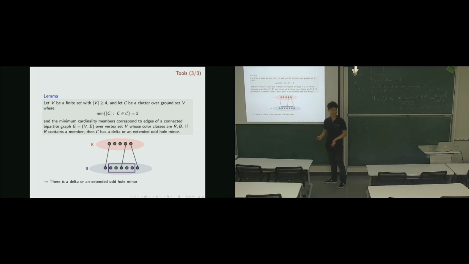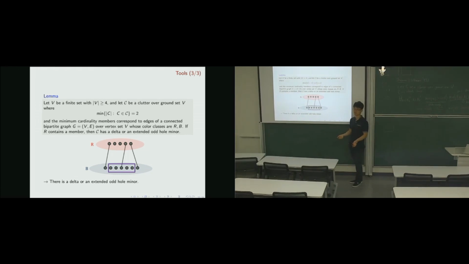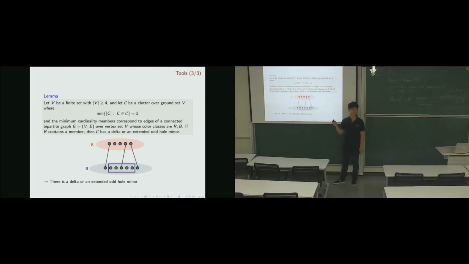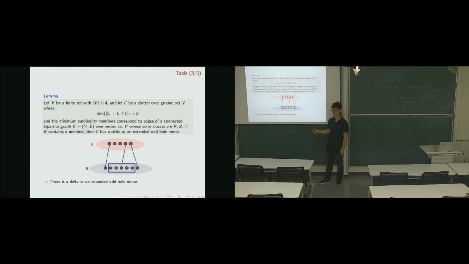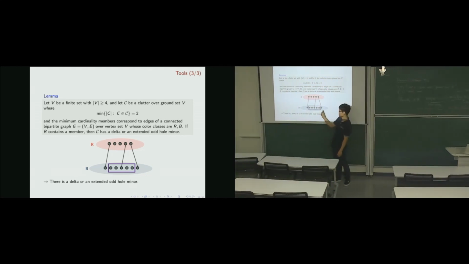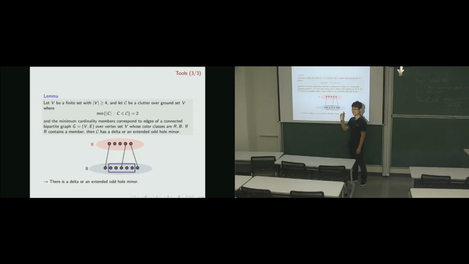Now I can say something about hyperedges too. If there's a hyperedge which is monochromatic, then you can find a delta or an extended odd hole as a minor. So the idea is, even though it's a hyperedge, if you add an edge to a bipartite graph, then you can find a Lucchesi.